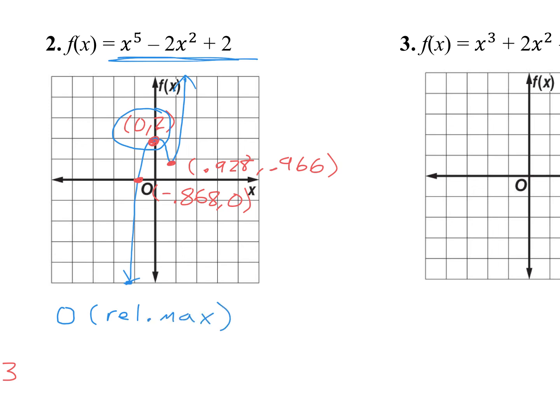All right, this is not the minimum, but it's a temporary minimum. The x-coordinate there was 0.928. The direction said to round to the nearest hundredth. So I'm going to write 0.93 and indicate that it's a relative min. All right, and then we need the domain and range.